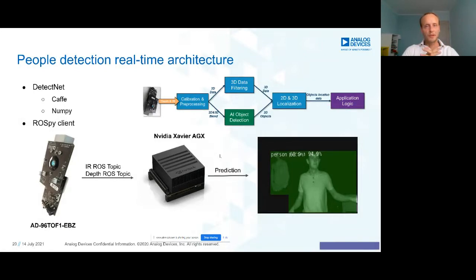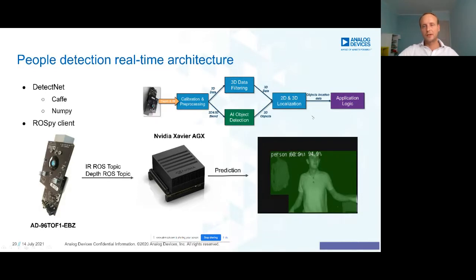This shows the architecture and what's going on over there. We have the time of flight camera, which connects to an NVIDIA Xavier AGX platform. We have been using the ROS bindings for the time of flight camera in order to get data from it, and also the ROSPy client, which allows us to interface a Python application with a ROS processing chain.